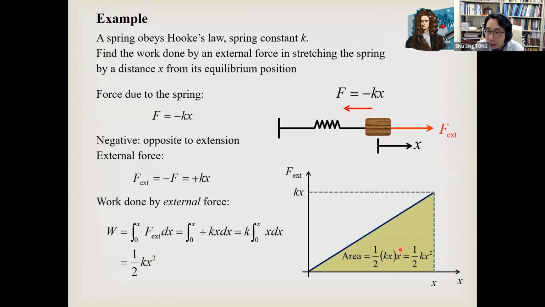So this area is the area of the triangle. What is the area of a triangle? It is equal to 1/2 times the base, which is x, where x is the final displacement, times the height, the final force, which is kx. So 1/2 times height times base becomes half kx squared, just like we found with the integration. Okay.